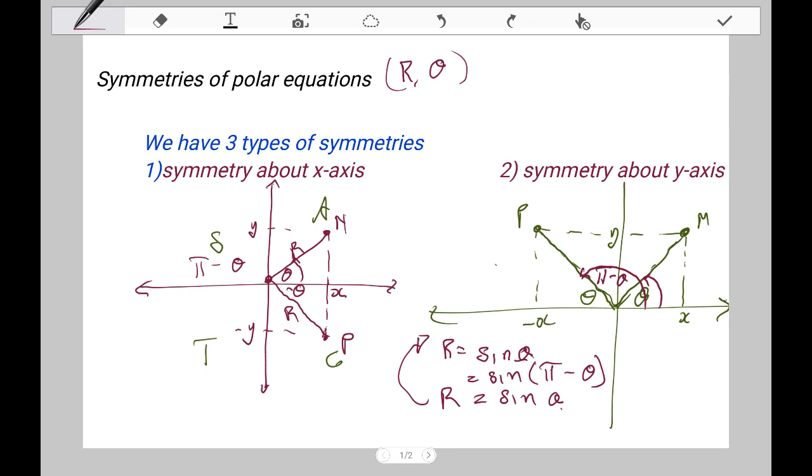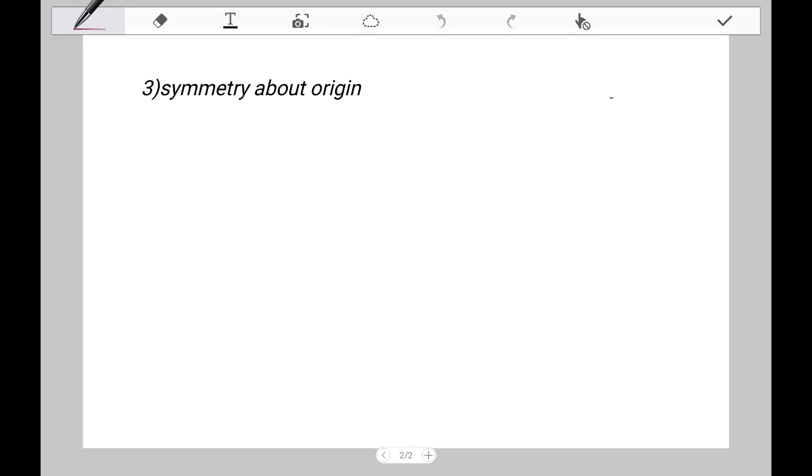So let's consider the last one. The last one is symmetric about the origin. If something is symmetric about the origin, that point is opposite to the reflected point.